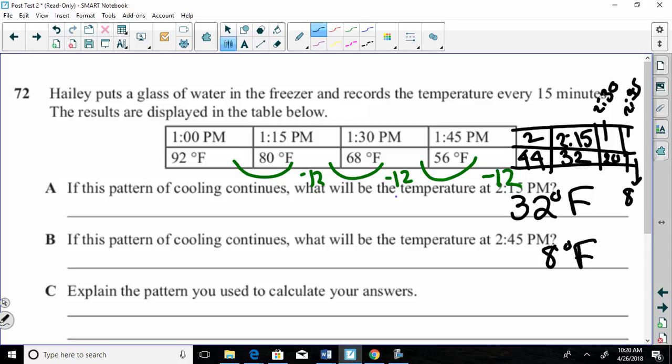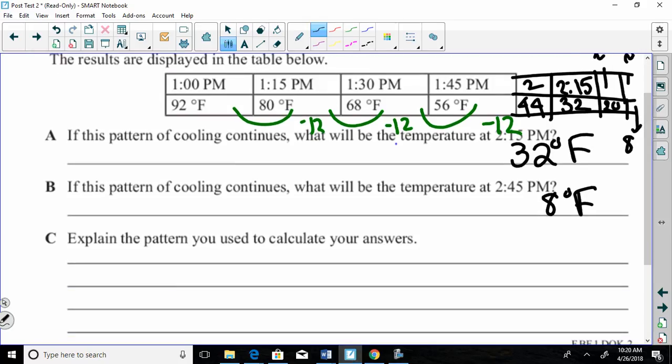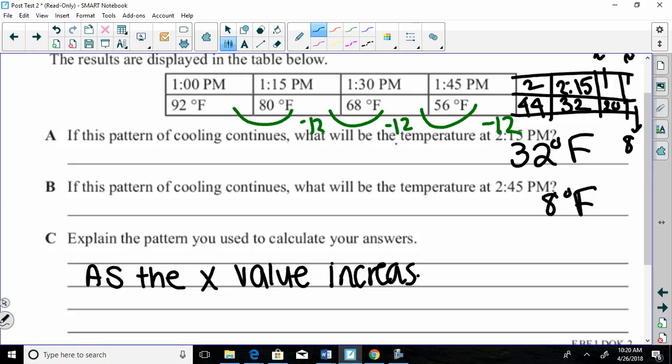And then this is to explain the pattern. So how you would go about doing that: as the x value increased by, how much did the x value increase? It increased by 15 minutes. The temperature dropped how much?